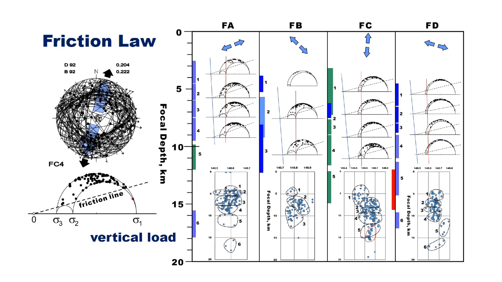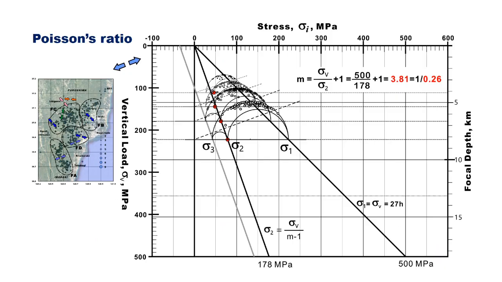For the normal faulting type, sigma 1 corresponds to the vertical load, so we can determine sigma 1, and so we can easily determine the real stress magnitudes. So we try to determine the friction line, and at the same time we try to determine the Poisson ratio using the friction line.